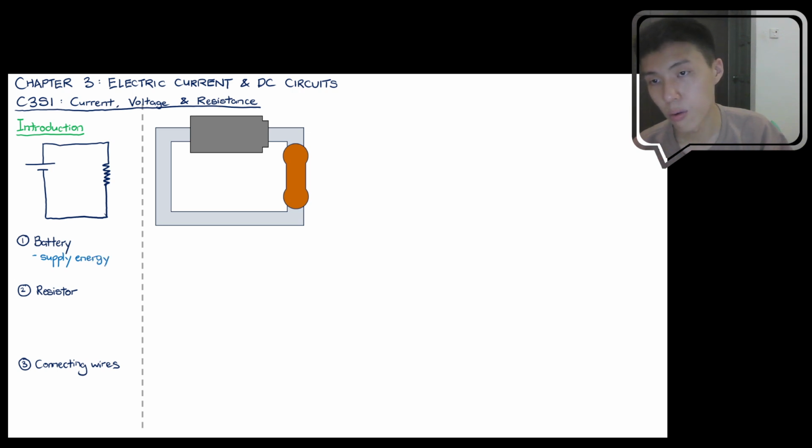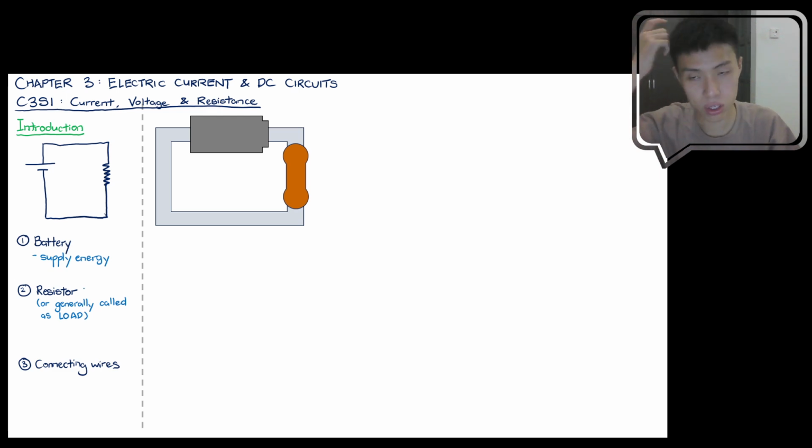Whereas the resistor, we usually call it a load. A load is any kind of thing that consumes electrical energy. If you put in a light bulb or a buzzer, those are called a load because they consume the energy supplied by the battery.